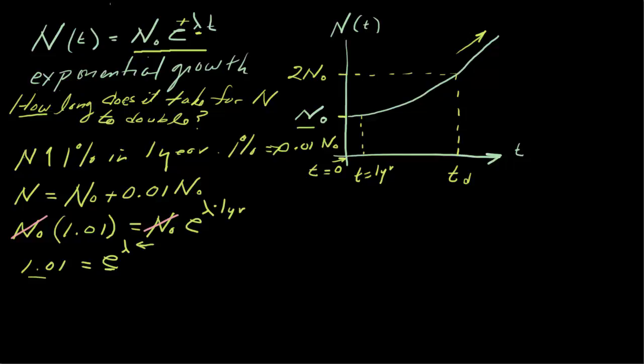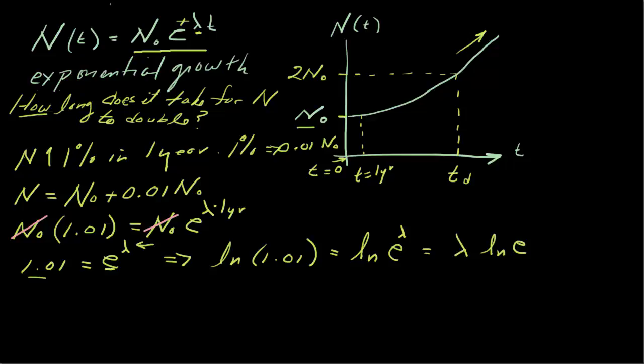So in this case, with base e, we would rewrite this as the natural log of 1.01 is equal to the natural log of e to the lambda. And we know that the natural log of e to the lambda is going to be equal to lambda.